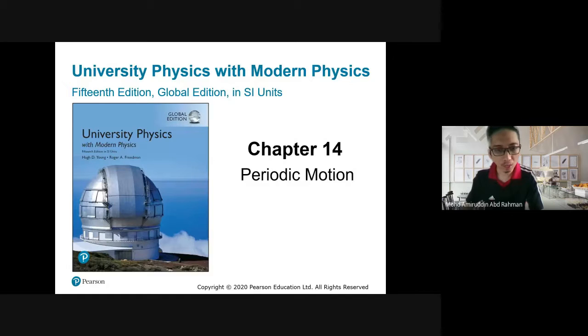Okay. So we are on the new topic, which is the periodic motion. As you know, with the periodic motion, we just did the lab two weeks ago, which we have the pendulum.